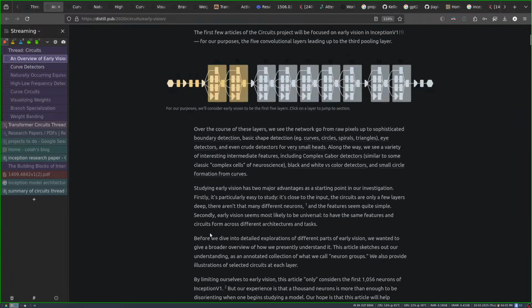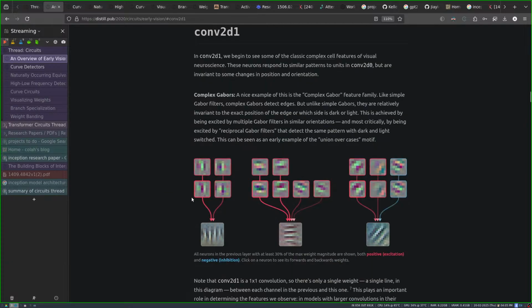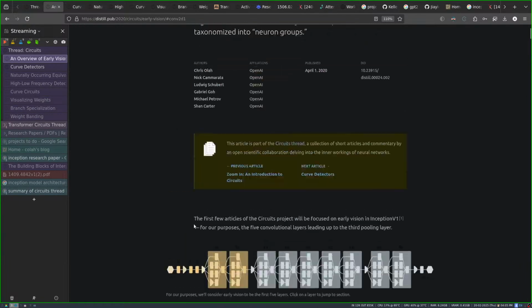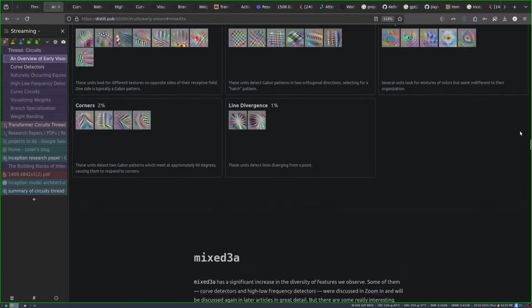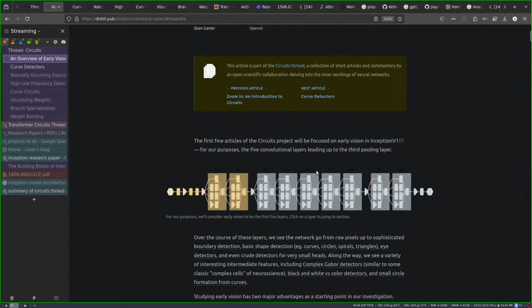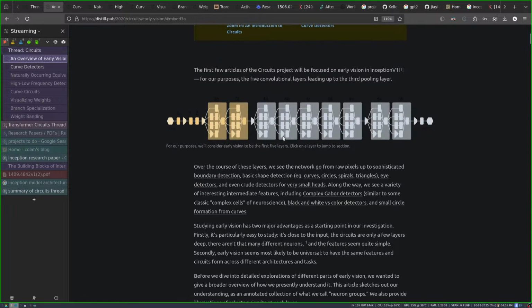Yeah, that's cool. Oh, okay. Over the course of the layers we will see networks go from raw pixels to sophisticated boundary detection.